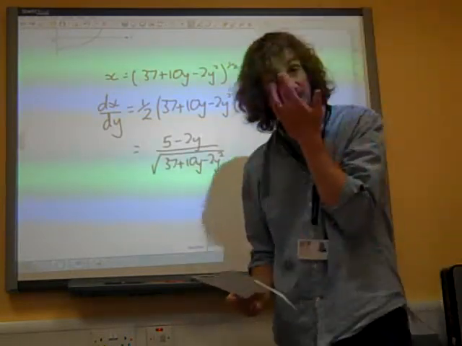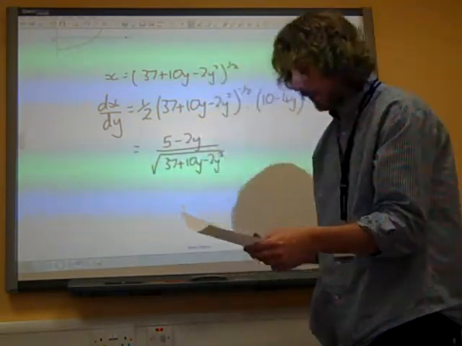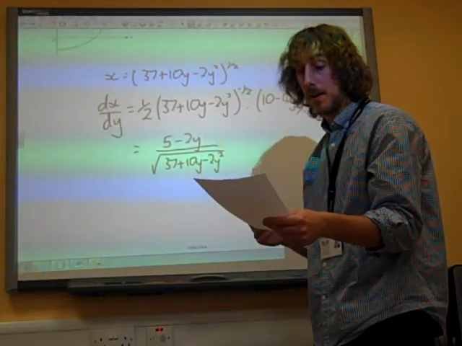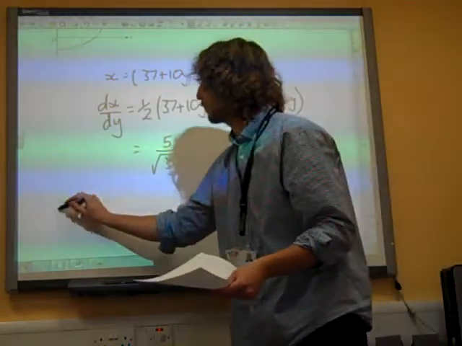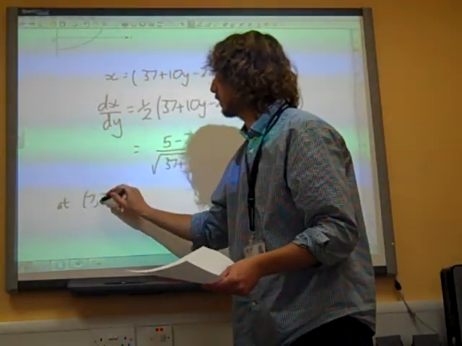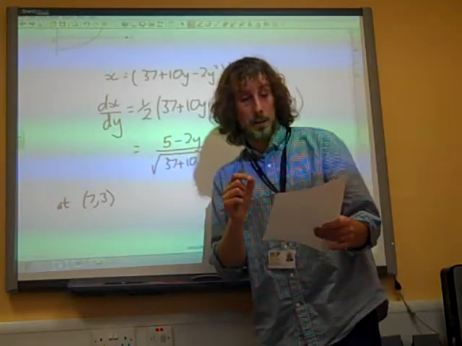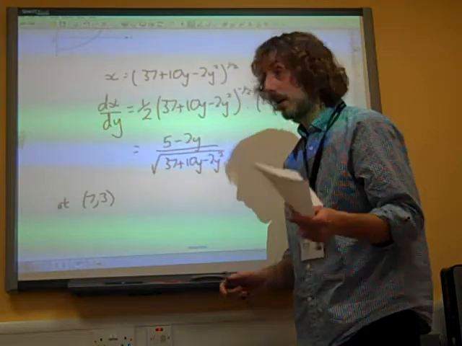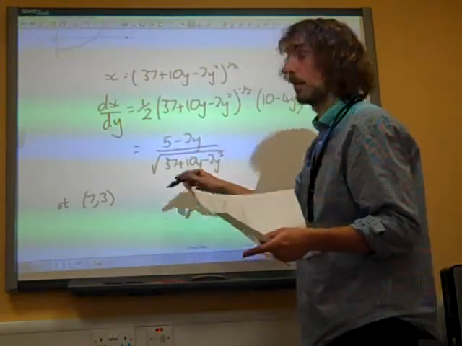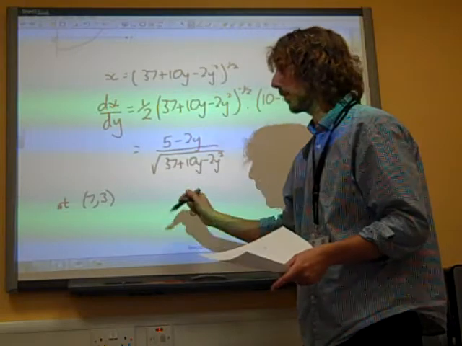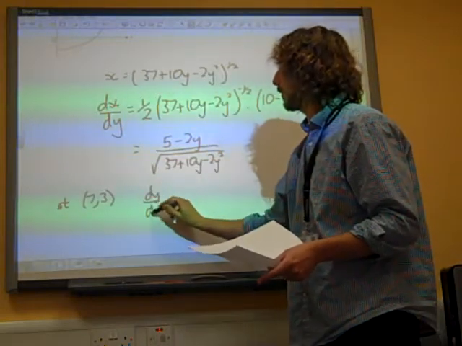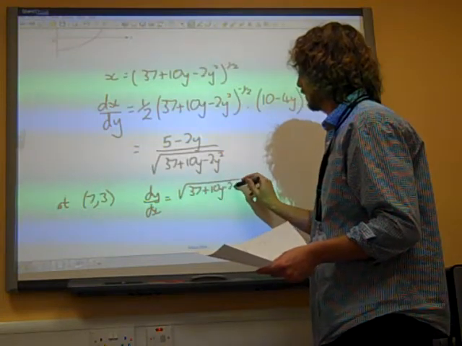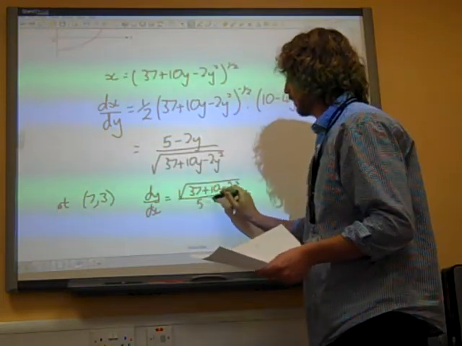Hence find the equation of the tangent to the curve at the point 7, 3, giving your answer in the form y equals mx plus c. So at the point 7, 3, we've got x, we've got y, we need to find the gradient. Now hang on, this is dx by dy, and the gradient is dy by dx. So dy by dx is the reciprocal of that: the square root of 37 plus 10y minus 2y squared over 5 minus 2y.